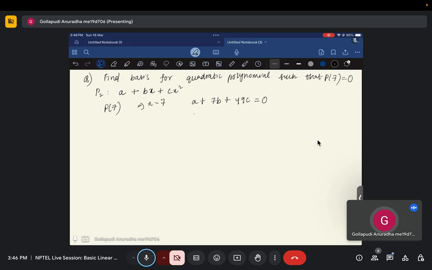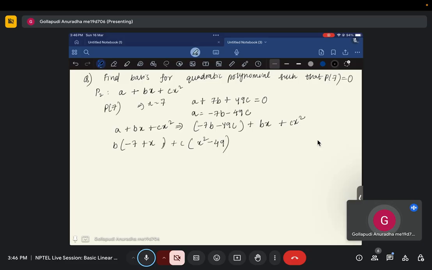Then from this you can write a as minus 7b minus 49c, and the polynomial a plus bx plus cx squared you can write as minus 7b minus 49c plus bx plus cx squared. So you can take b out and get b times (minus 7 plus x) plus c times (x square minus 49).